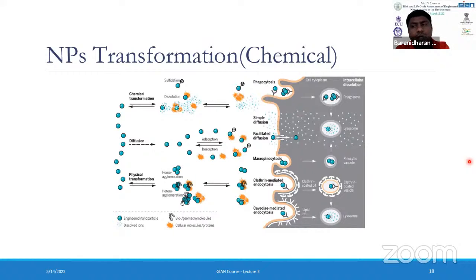Complexation, where it forms a complex because of the reaction in the media. Degradation and photochemically induced reactions upon interaction with organic as well as inorganic ligands and other constituents in soil and water. So soil and water, apart from the water quality characteristics, have other elements. When these nanoparticles react with them, either redox reactions or dissolution can happen so that they release metal ions. Otherwise, these nanoparticles can get adsorbed onto any media, which is also a viable option.